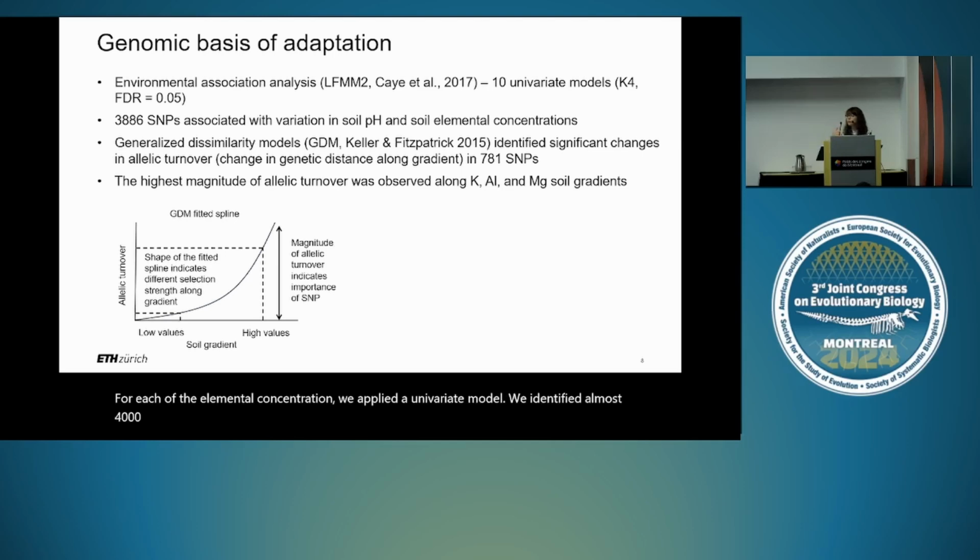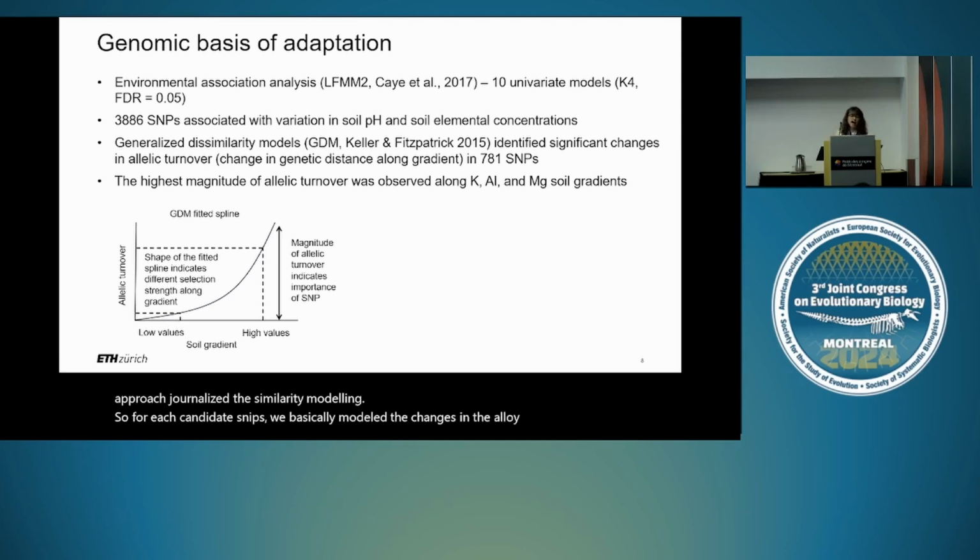Then to further refine the list of candidate SNPs, we applied the second approach, generalized dissimilarity modeling. For each candidate SNP, we basically modeled the changes in the allelic turnover along the soil gradient of a particular element. Importantly, by allelic turnover, I mean changes in genetic distances between any pair of the studied populations along the gradient.